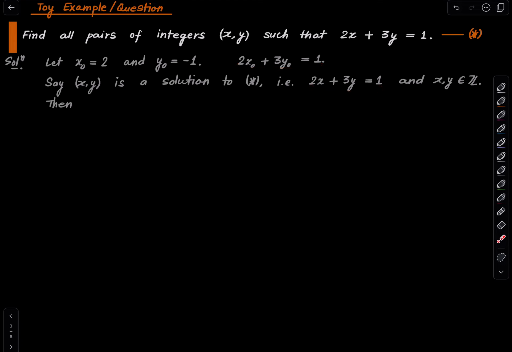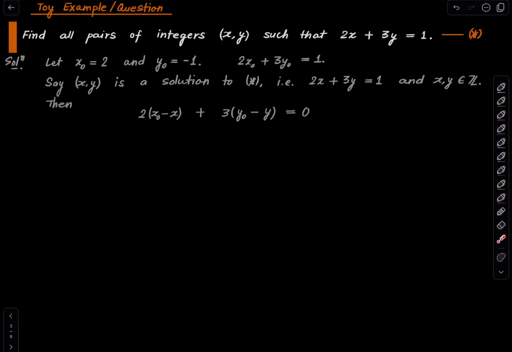What do we get? Twice of x naught minus x plus 3 times y naught minus y, this is 0. This is very clear just by subtraction.